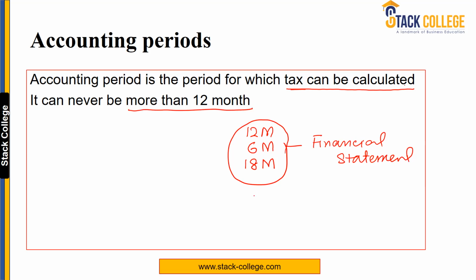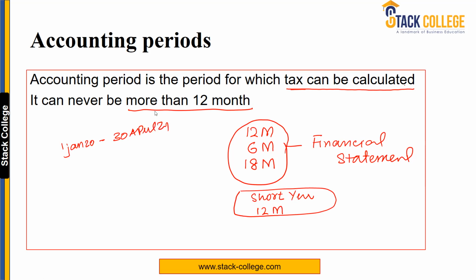Either it might be a short one, that is less than 12 months, or a 12-month period. So what if the financial statement is being prepared for more than 12 months, say from 1st January 20 to 30th April 21? Then it is a 14-month financial statement.